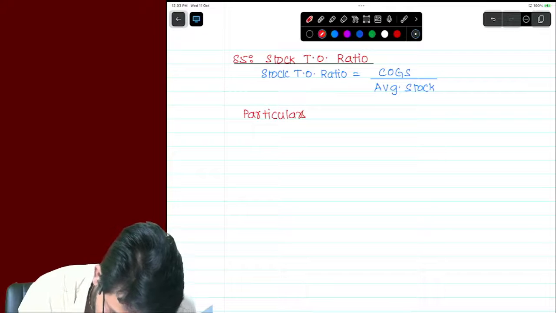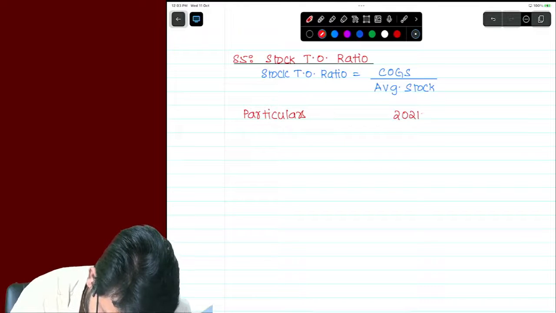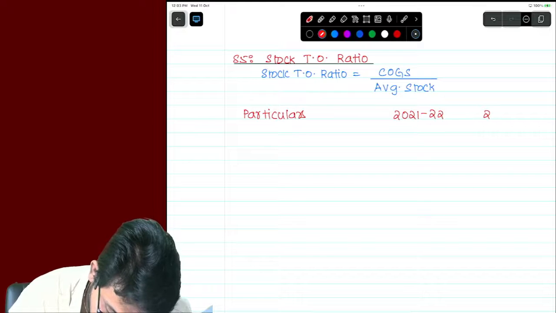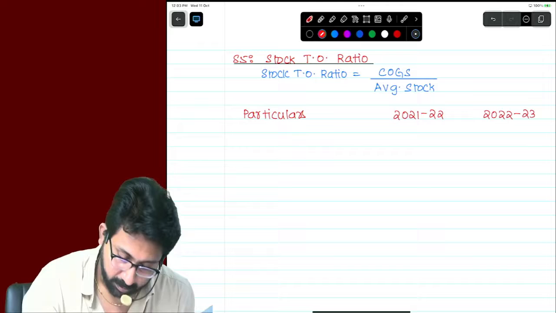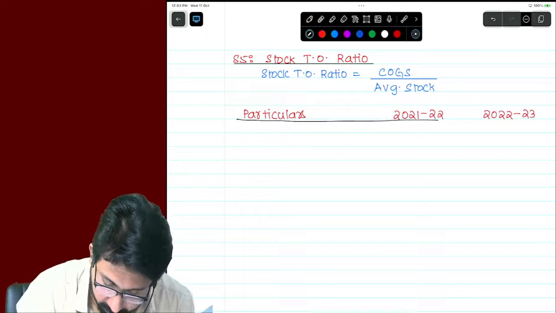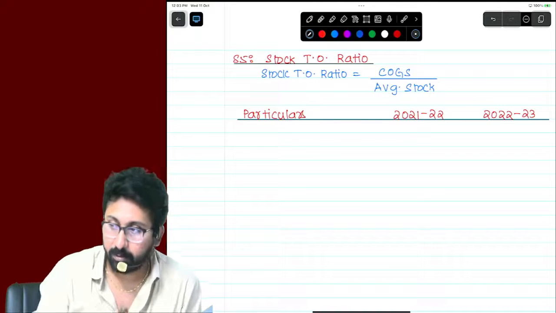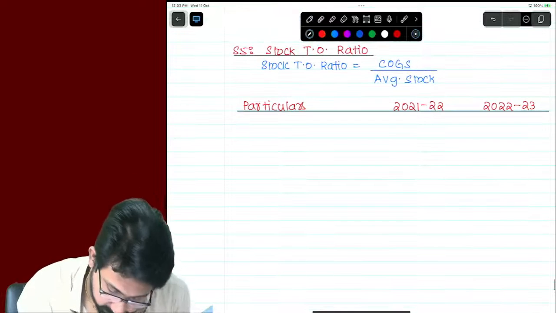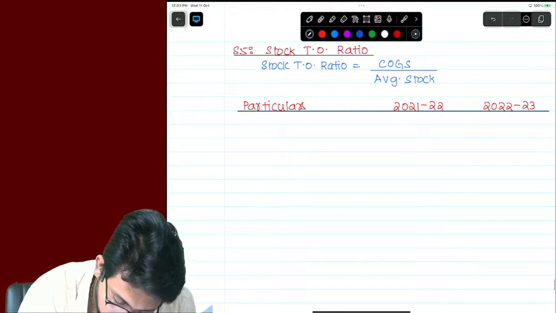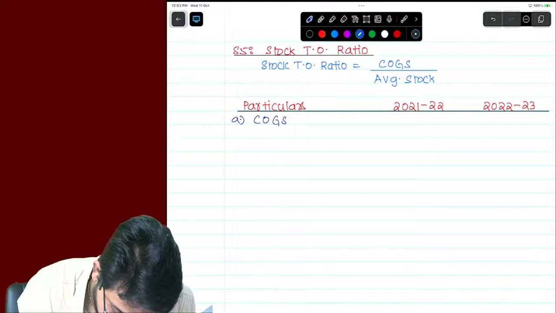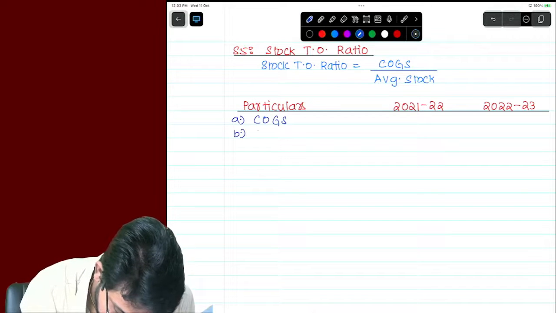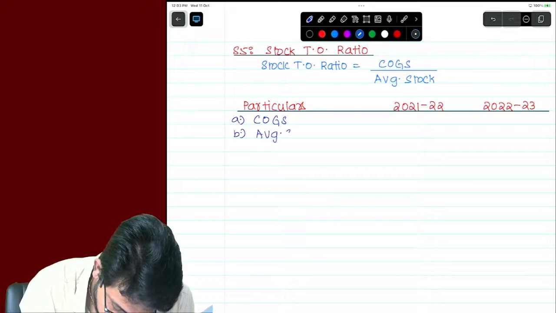Particulars. Write down clearly. A, cost of goods sold. B, average stock.